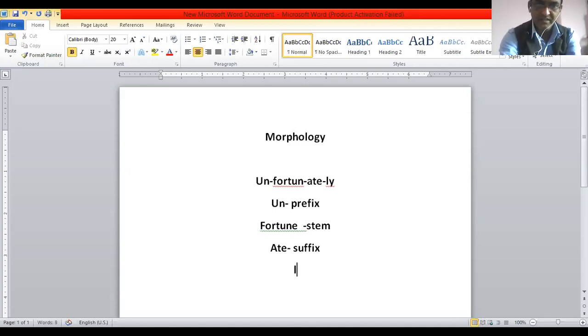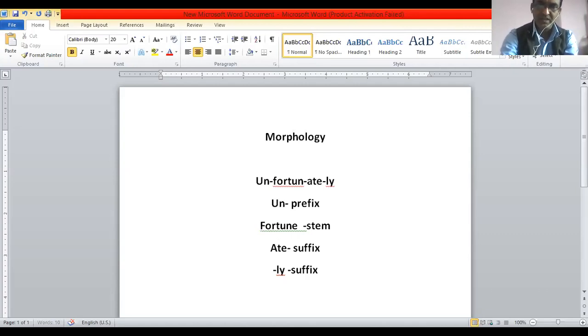And ly, of course, separated by a hyphen, is also called a suffix. So we have these four morphemes. Un is a prefix, fortune is the stem, ate is a suffix, ly is also a suffix.